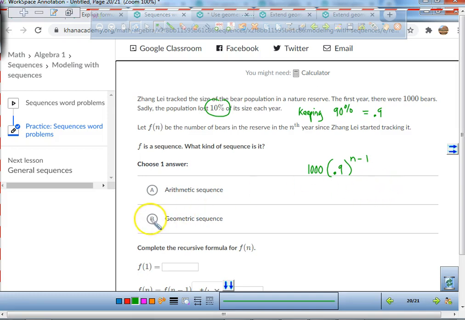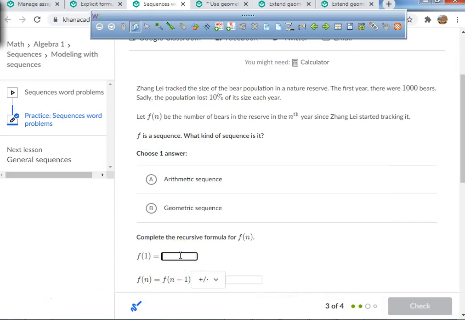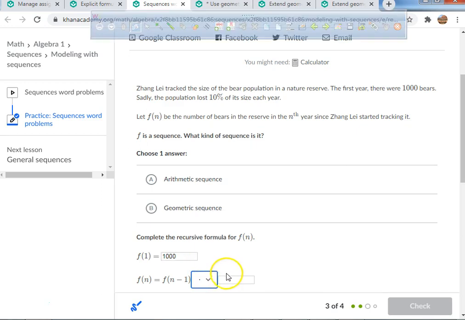So this is another geometric sequence. We start out with 1,000 bears, and then every single year that previous term is going to be multiplied by 0.9 because it's losing 10%, so we're keeping 90%.